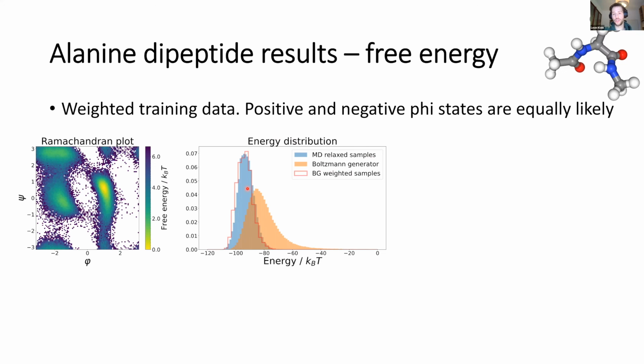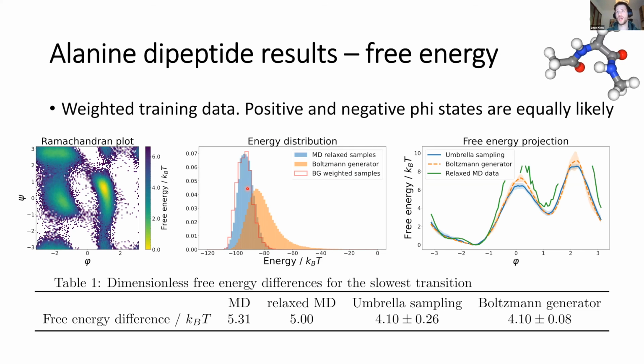But what we can do to evaluate our Boltzmann generators is look at the free energy projection and do an umbrella simulation along the slowest transition, so this phi angle. This is much faster than doing it along an MD trajectory, and also can be done somewhat in parallel.